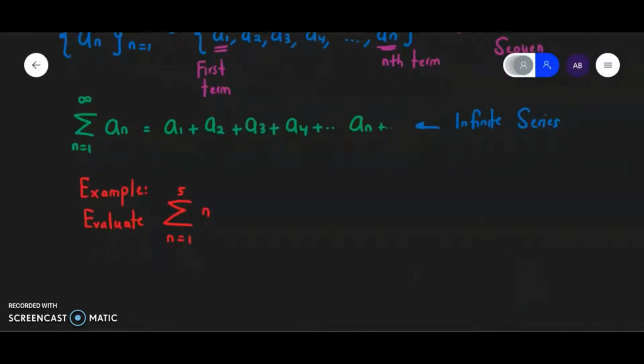To solve this, you just have to find the series of this given sequence. So I can write n when n is 1, 2, 3, 4, 5. You add them together up to 5, so you get 15.